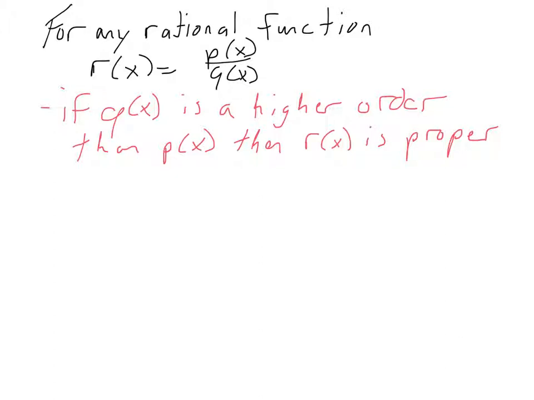So it's proper, and that means that the limit as x goes to infinity of r of x has to be 0, because the denominator is increasing faster than the numerator. And when the denominator increases faster than the numerator, we're eventually going to get to 0, right? As x gets really, really big. And y equals 0 is the horizontal asymptote.